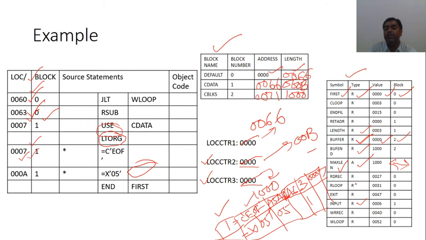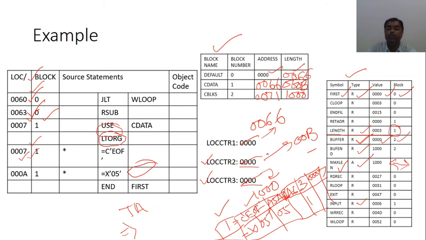For that purpose we maintain this type information. And value, we know that this value is required at the time of calculation of object code to find out the displacement. And block number is used because, when we are using blocks, when we want to calculate the target address it will be the starting address of that block. Suppose I am taking LENGTH as an example here, LENGTH is in block 1.